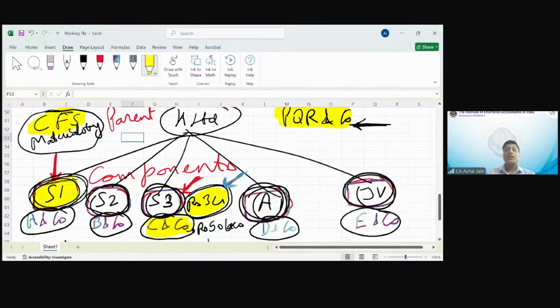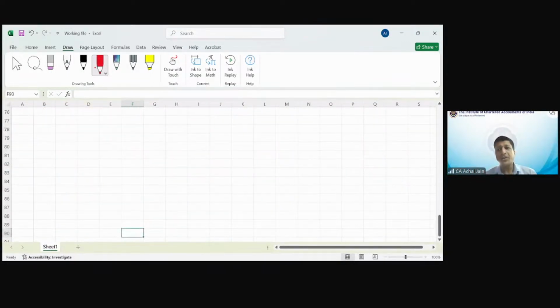Right, sir. Either the same separate financial statements will be shared with H Limited. No, sir. Separately, for consolidation purpose, he needs to prepare the separate financial statement and submit it along. So let's understand the audit report for consolidation purpose separately. Correct. So let's understand that.